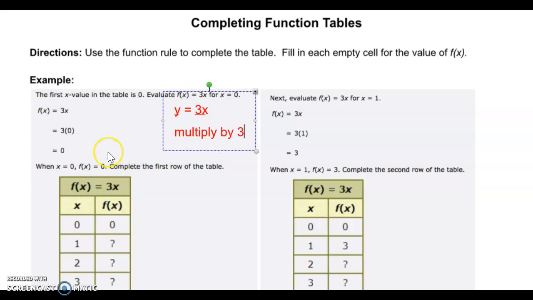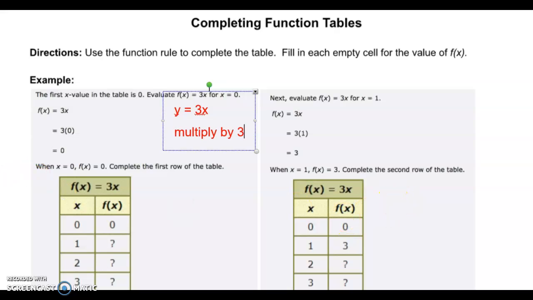by 3. So you can see right there that they're taking that 0, or the x, they're replacing it with 0, which is the first value in the table, and they are multiplying 0 by 3, and they're getting 0. Over here, they're replacing it with 1, and they're getting 3.